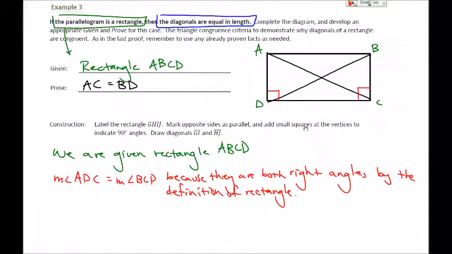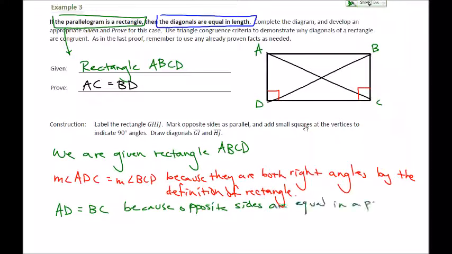Next, I will use a property of parallelograms and say that segment AD must be congruent to segment BC because they are opposite sides in a parallelogram. And I will draw on the diagram. Now finally, this does not look like the way we usually see it, but DC is in both triangles, right? That's the same segment in both triangles, and so by the reflexive property, DC is congruent to DC.